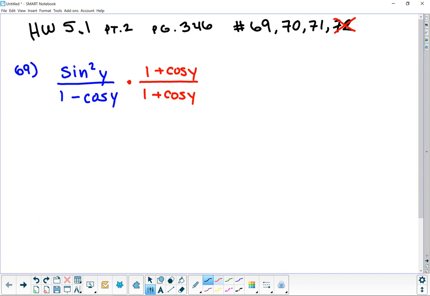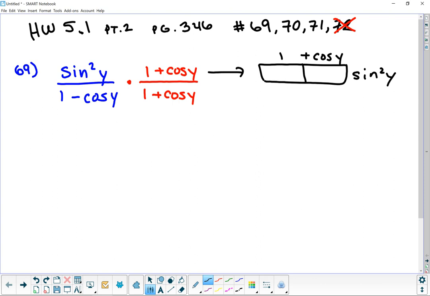So with the top, you'd either distribute or do an area model, just like this, with 1 plus cosine y, and then the sine squared y on the side.